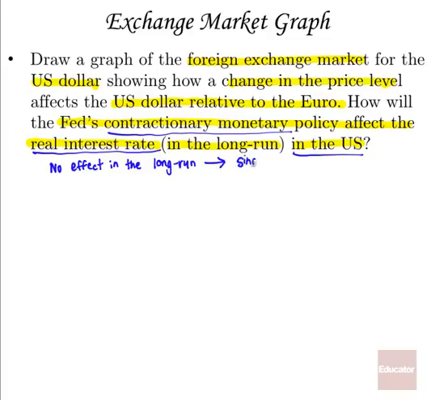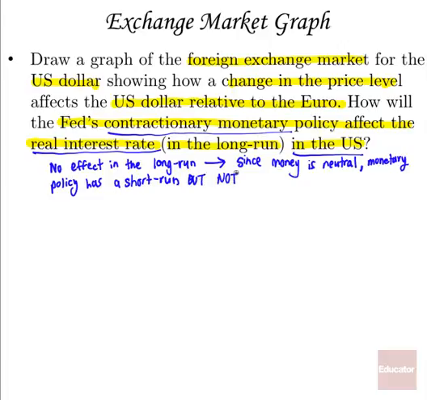So since money is neutral, monetary policy has a short run but not a long run impact. Now, when there's short run impact, there's a loss of jobs, creation of jobs.